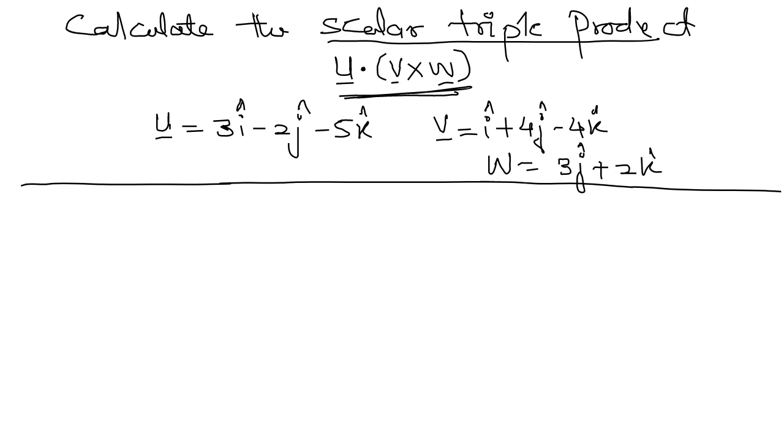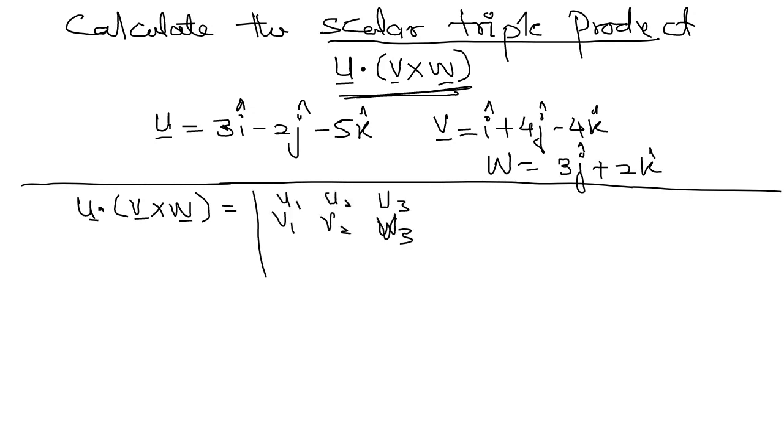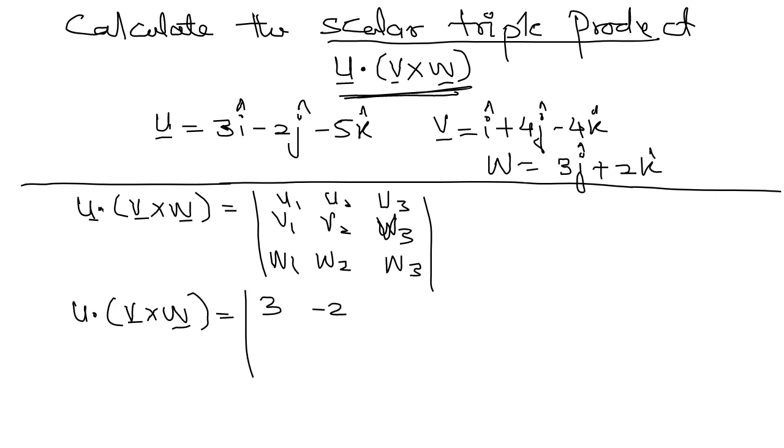Okay, so we know that u dot v cross w is equal to the determinant with rows u1, u2, u3, v1, v2, v3, w1, w2, and w3. u1, u2, and u3 are the components of i, j, and k. Okay, so you can write u dot v cross w is equal to: this is 3, minus 2, minus 5, and this is 1, 4, minus 4.